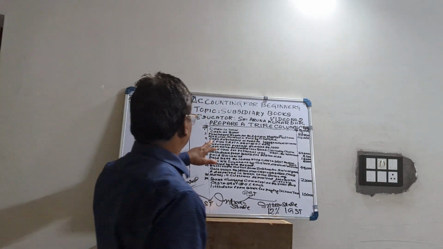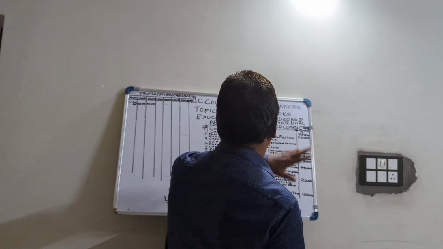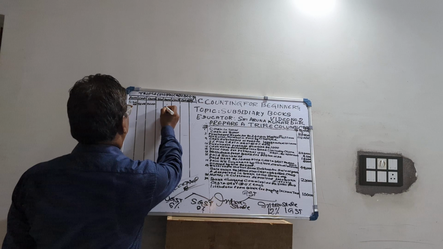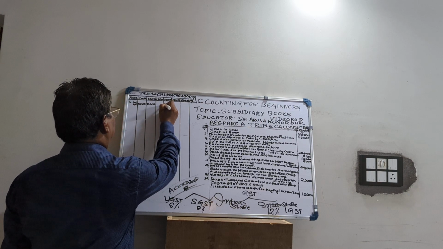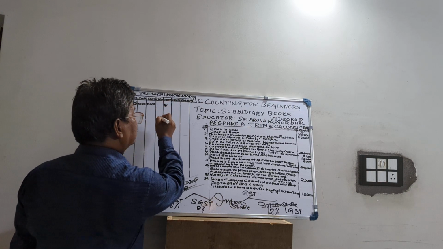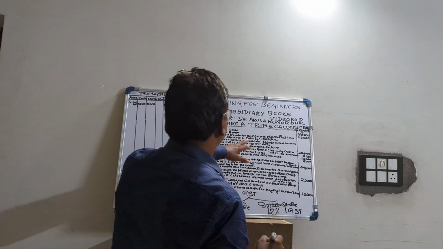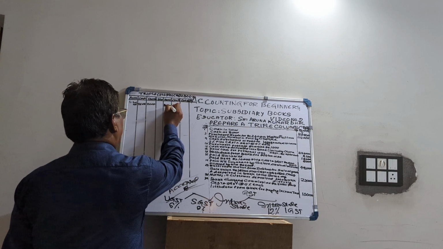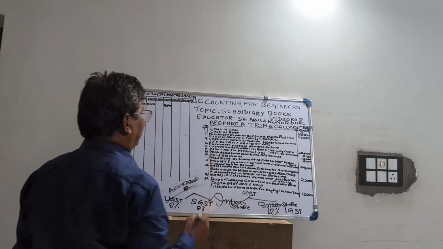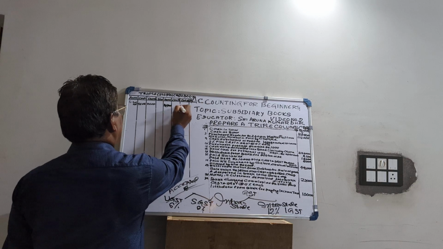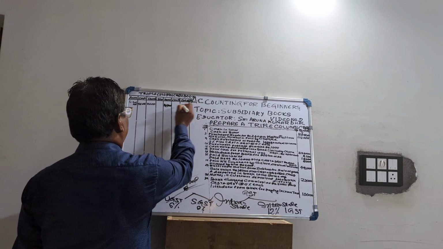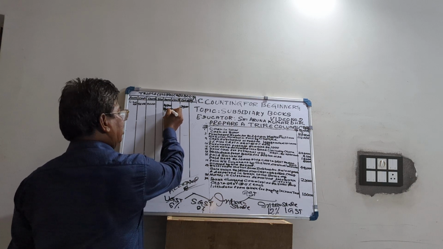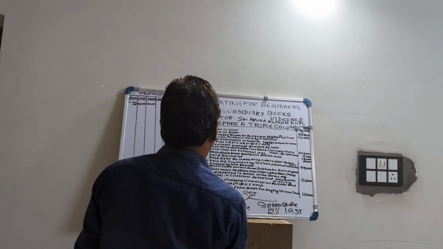Then we will solve the problem. Purchase goods for 24,000 plus 12% GST by check. So when payment is made by check, in the particulars we will write the date, then by purchase, and in the bank column we will write 24,000, then by IGST.